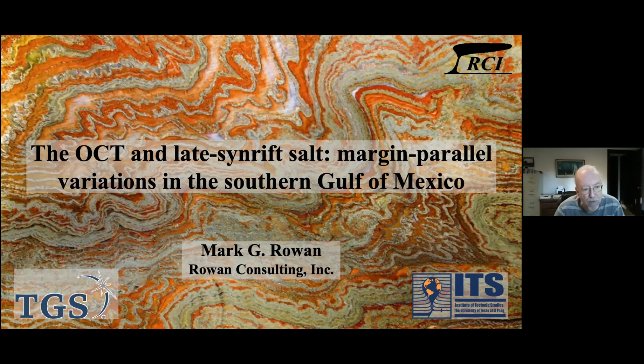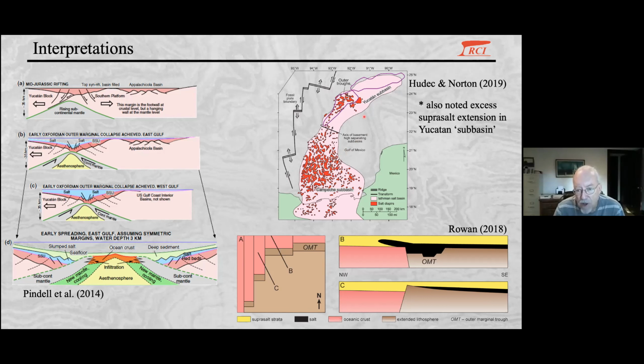Mike Hudec and Ian Norton divided the southern Gulf of Mexico into two salt subbasins separated by a basement high, basically off that corner of Yucatan. In the northern one, the Yucatan subbasin, they said it was dominated by these so-called outer troughs, which basically look like this down here. We'll come back to that.